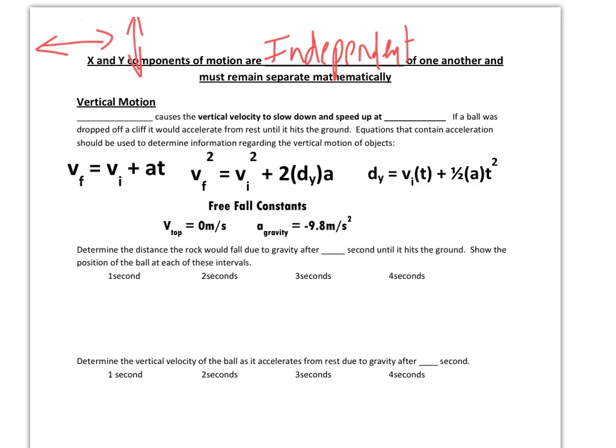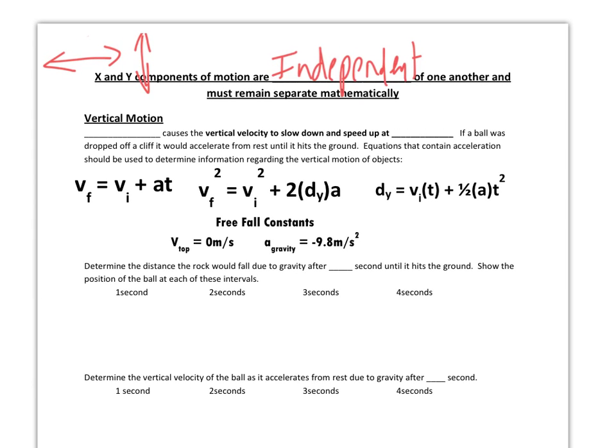So let's take a look at how our vertical motion can change. On the vertical component, gravity is going to play the largest role in what's affecting the speed of the object. So gravity causes the vertical speed to slow down or to increase at a rate of -9.8 meters per second squared.